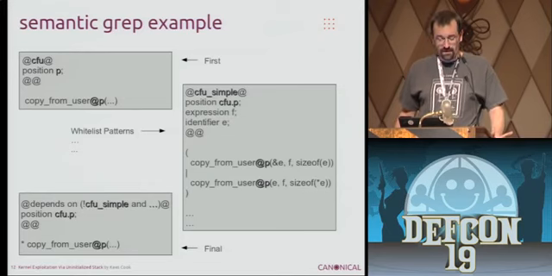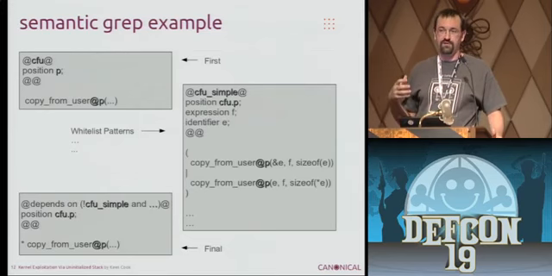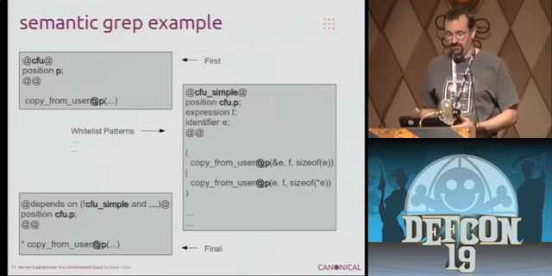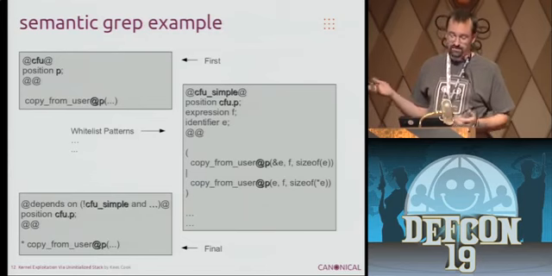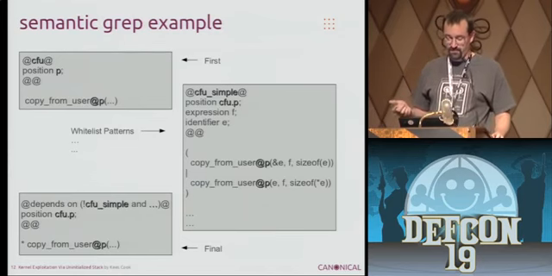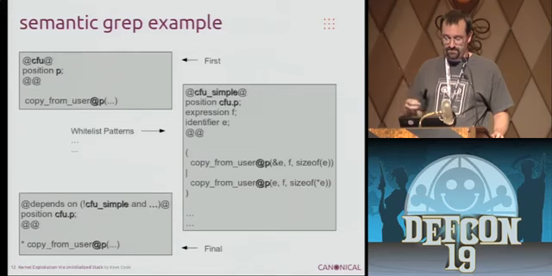The first thing I would do is basically you define a position. So the copy_from_user is at position p, the top of that. And then a whole extensive list of whitelists of things that are verifiably correct. So an example whitelist pattern here is copy_from_user into the address of a structure that we've actually done a sizeof on.